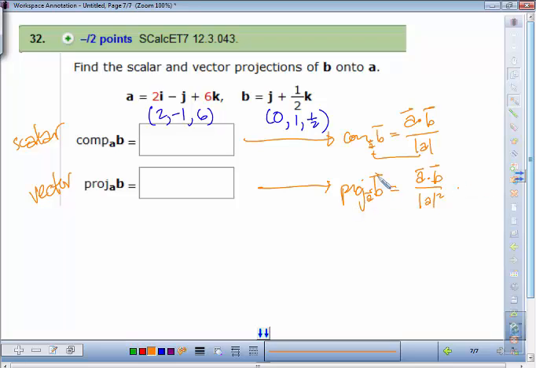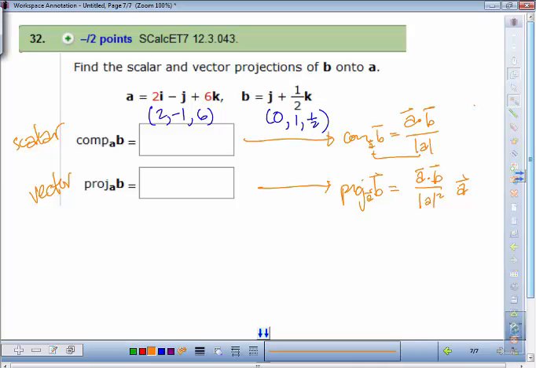It's being projected onto A, so we want it going the same direction as A, so whatever's down here. The dot product is commutative, so it can switch around. But when we're projecting a vector onto another vector, that order is important.